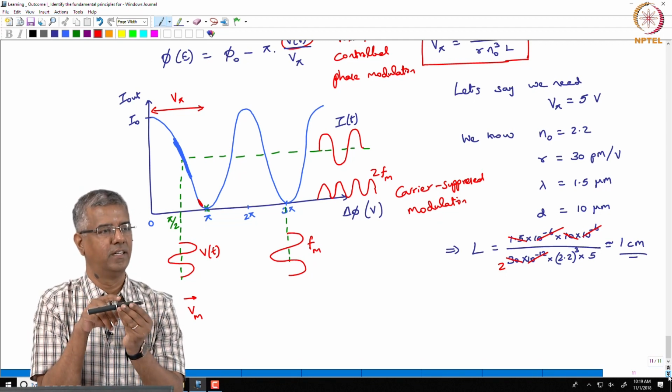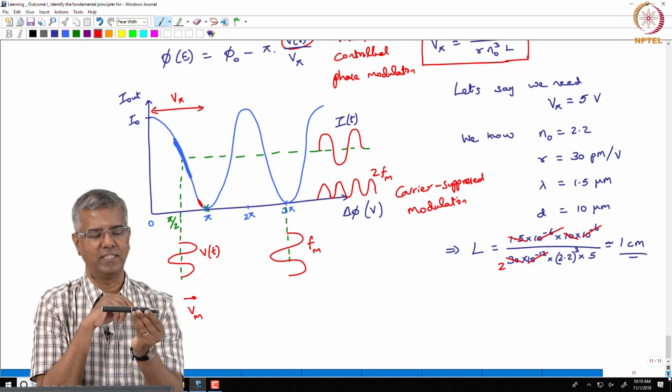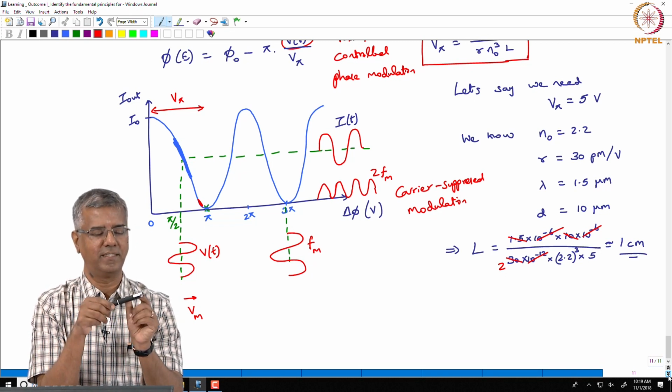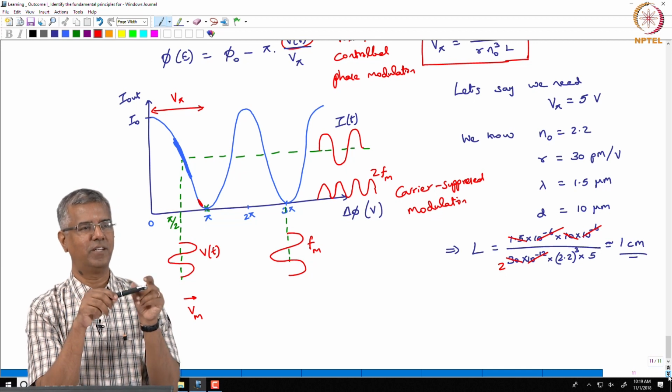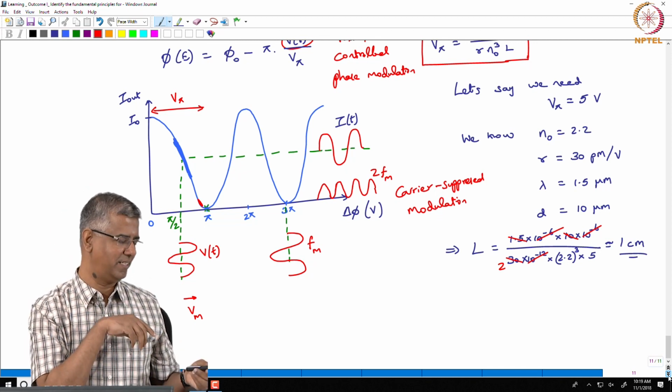That is how you get 532 nanometer radiation from this. So, it is amazing that they managed to put it all in such a compact manner, right.